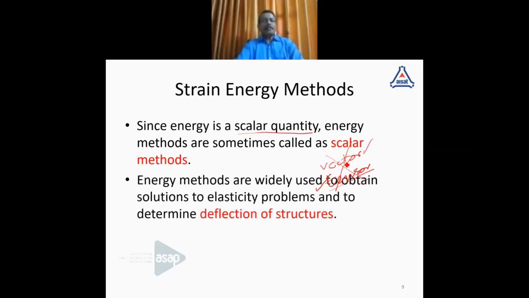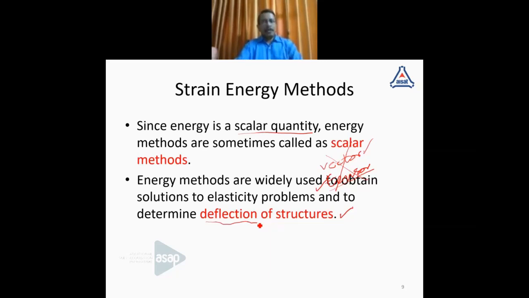And this method can be used in solving elasticity problems, mainly to determine the deflection of structures. In your MOS class, you would have studied different methods of determining deflections of structures. Based on different types of loading, different methods are there to determine the deflection.